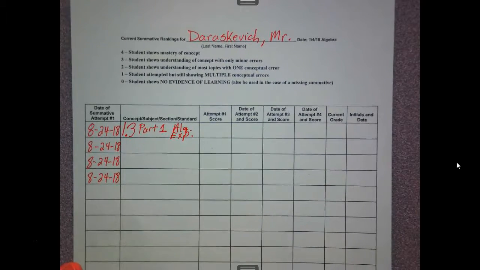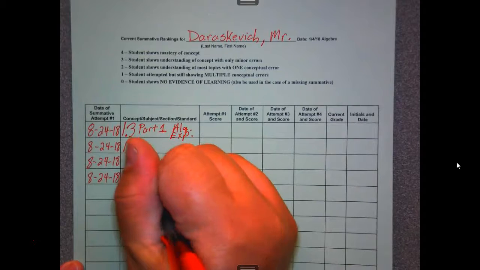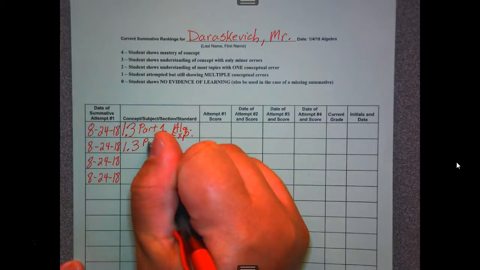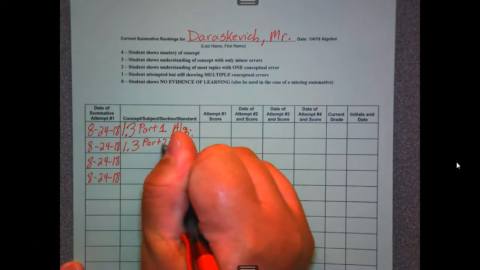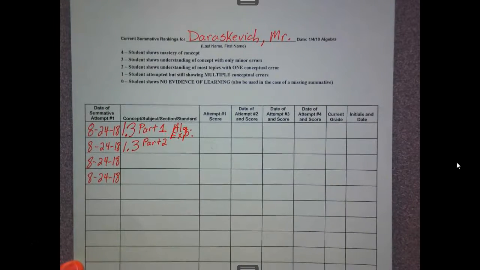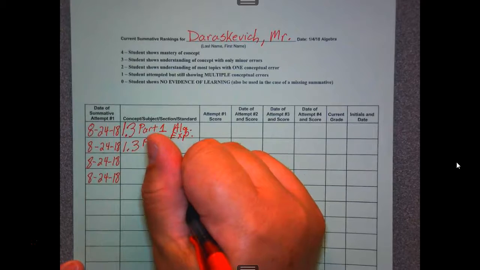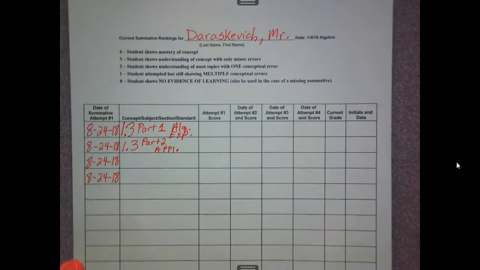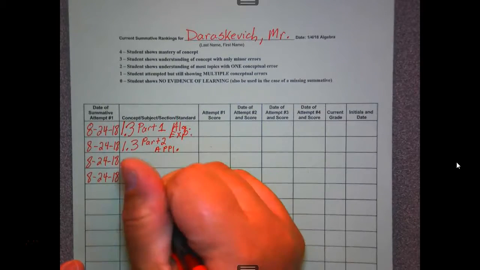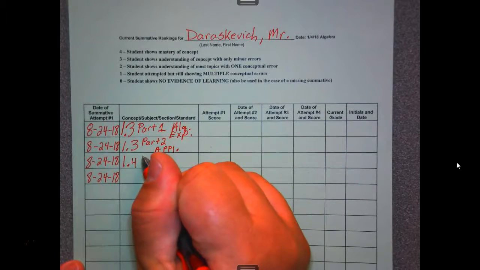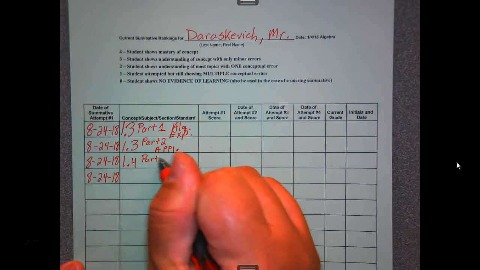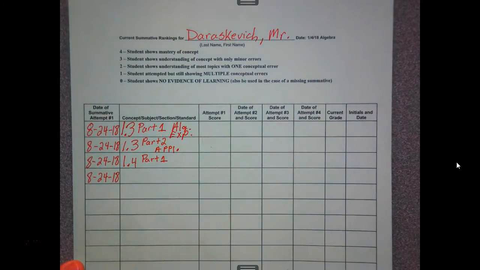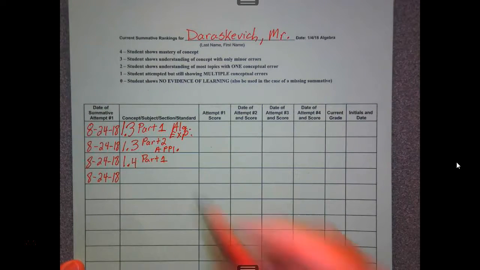Then we had 1.3 part 2, which was applications, right? And then we had 1.4 part 1, which was solving linear equations.